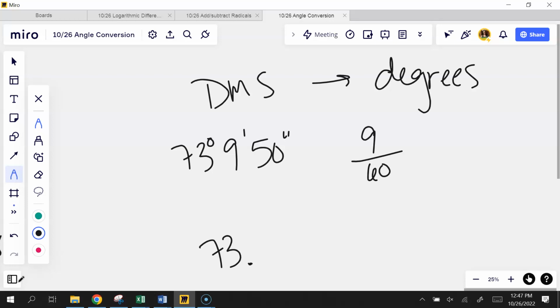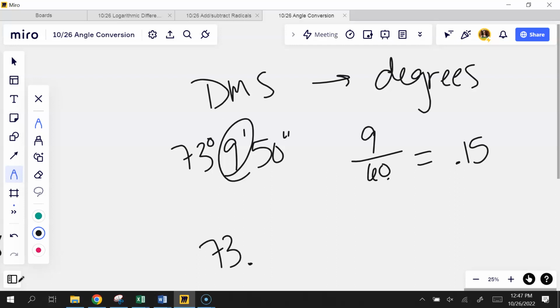Wait. 73 is in the front. What did you just do? Divide what? What about what? Well, the first one is you take the 9, and I say 9 divided by 60. And what do you get? 0.15.